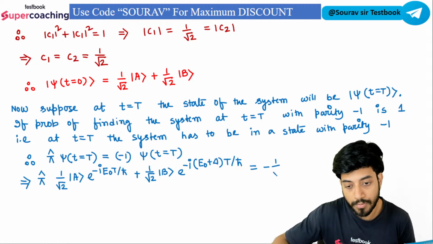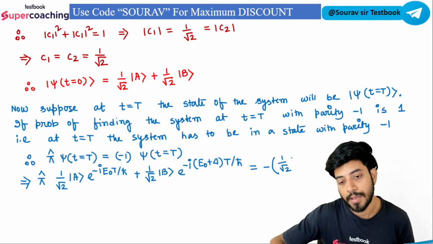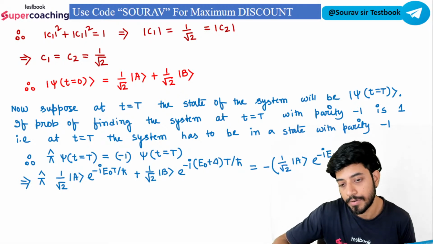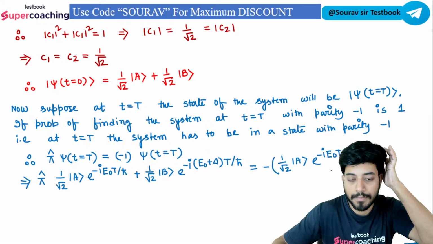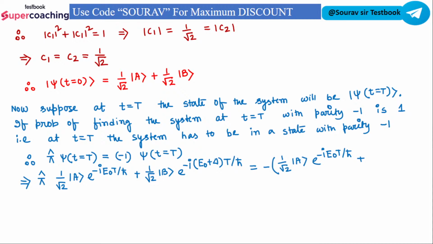that is actually equal to negative of 1/√2 ket a e to the power of minus i E0 into t divided by h cut plus, मैं थोड़ा खुद का कैमरा ऑफ कर देता हूं so that you all can see properly. 1/√2 ket b e to the power of negative of i E0 plus delta t by h cut.